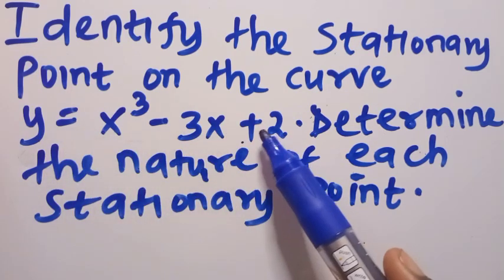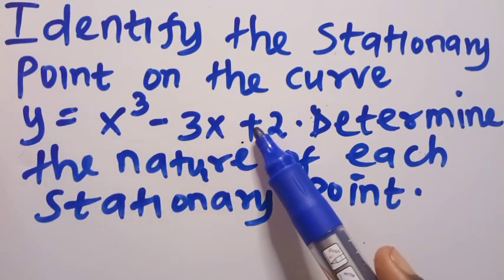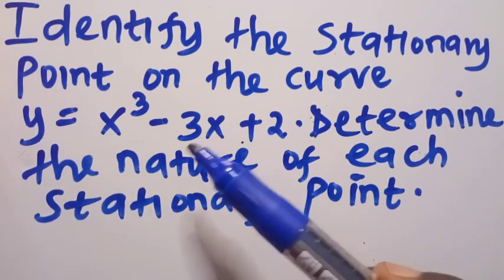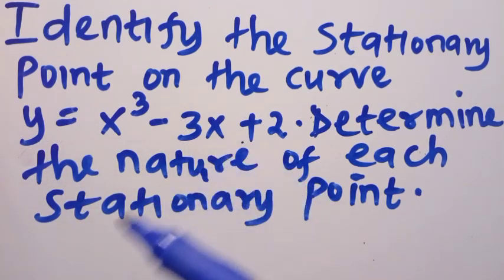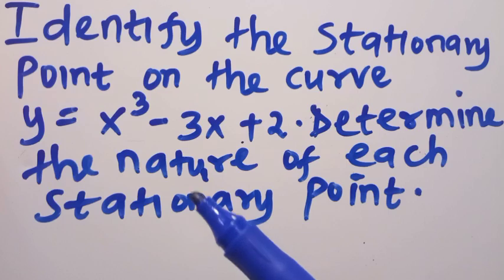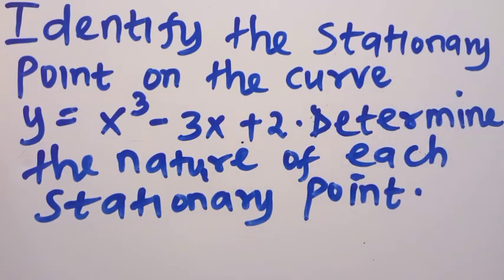This is the original equation of the curve. So after obtaining the value of x, we substitute in this to obtain the value of y, so that we get to know the stationary points from there.